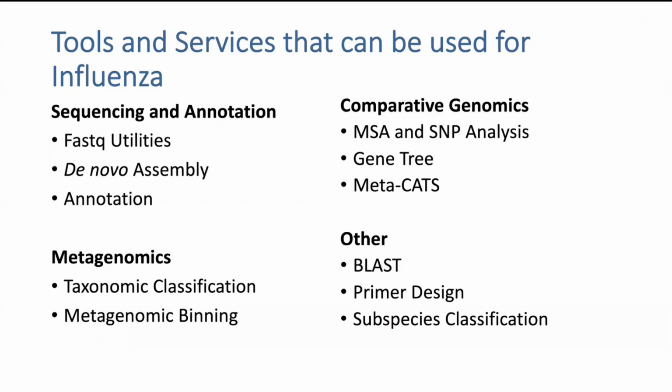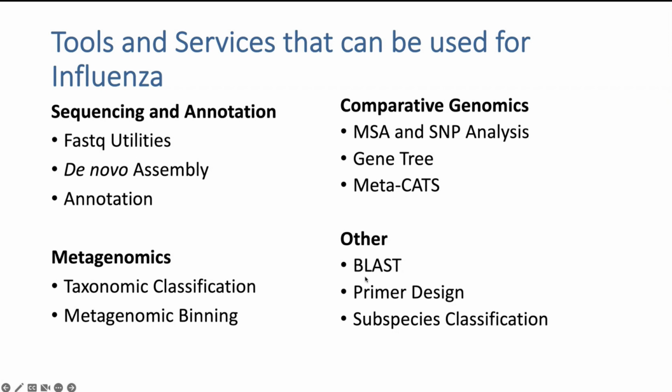So we can divide these into a couple of different categories. We've got some new tools that are available for sequencing and annotation that maybe weren't there in IRD. We've got tools that are available for comparative genomics, and these are things that you're probably familiar with if you're coming from IRD: multiple sequence alignment and SNP analysis, phylogenetic trees, the Metacats tool.